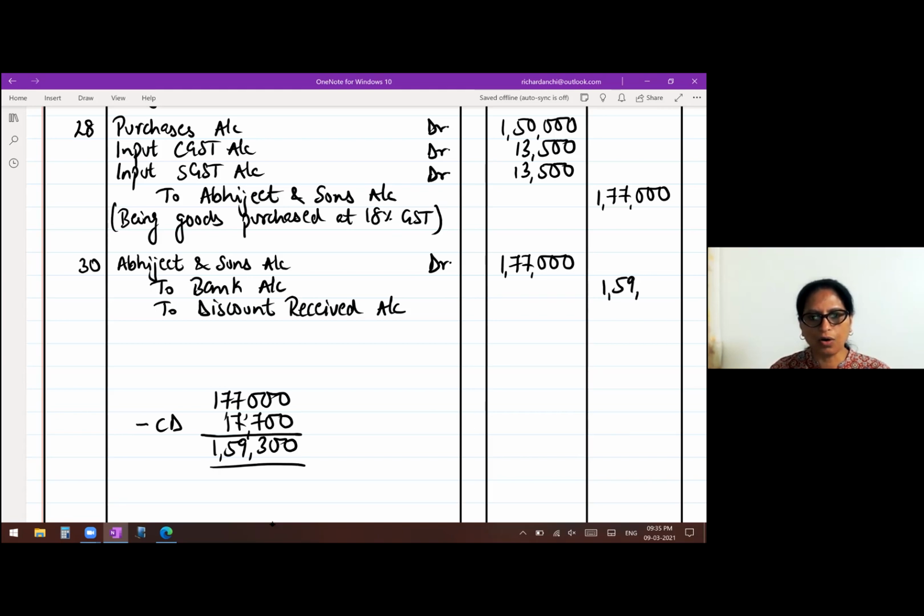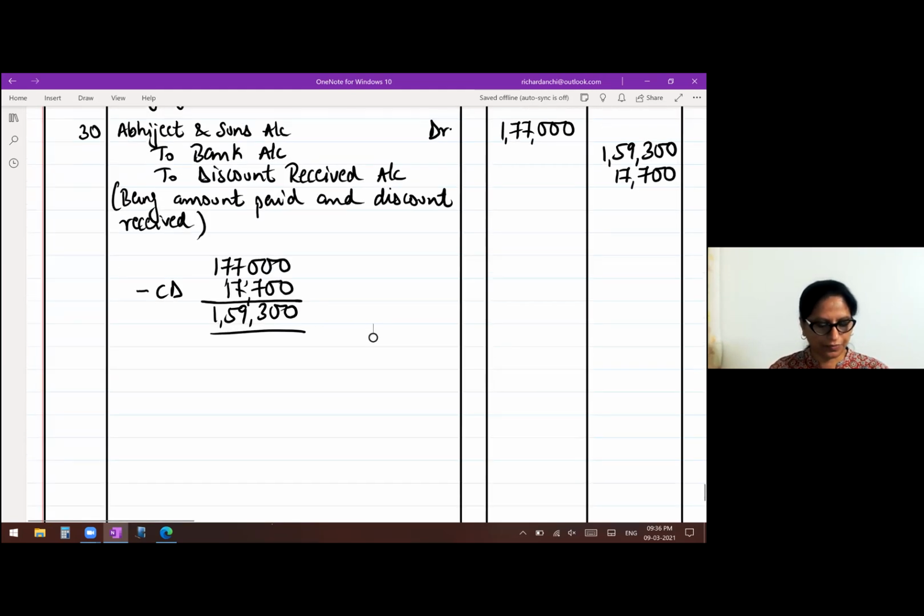So to bank account 1,59,300, to discount received account 17,700. Narration being amount paid and discount received. Discount received, nominal account, it is income, gain. So that's why we are crediting.